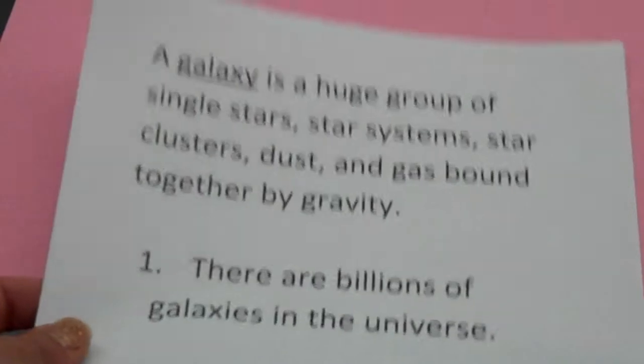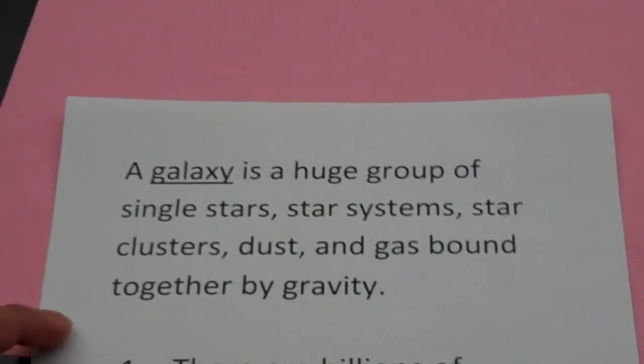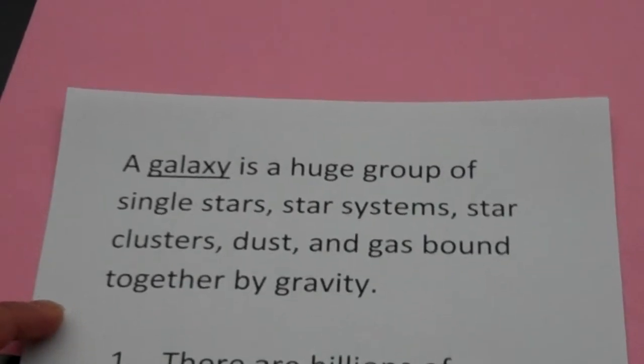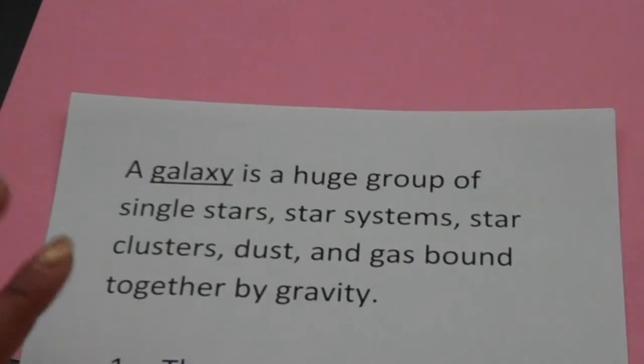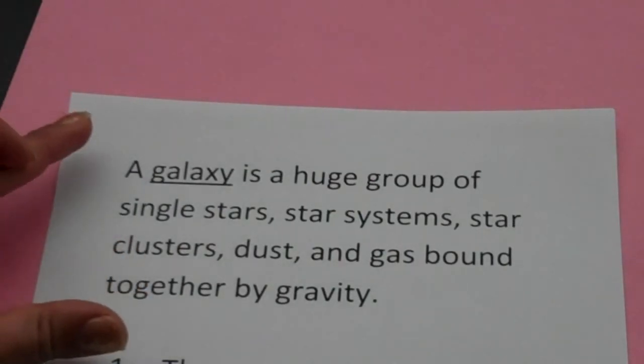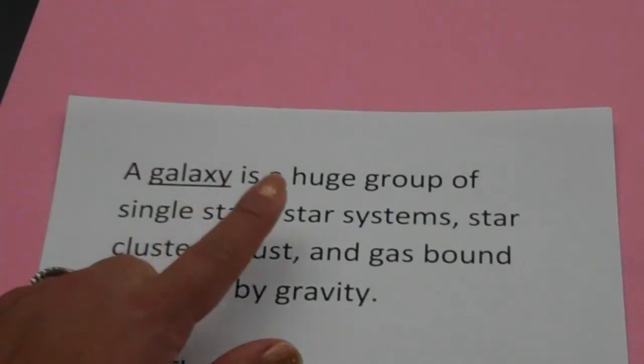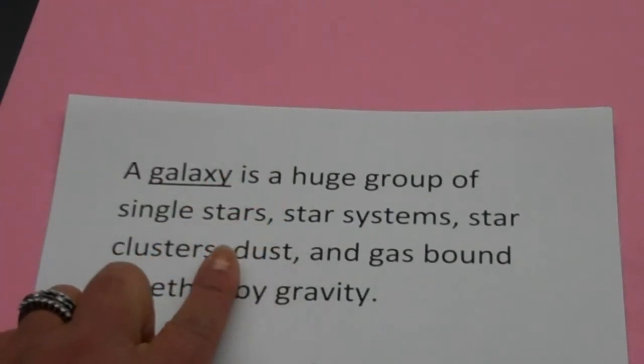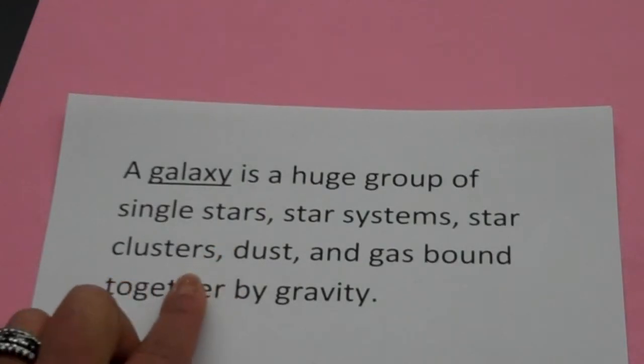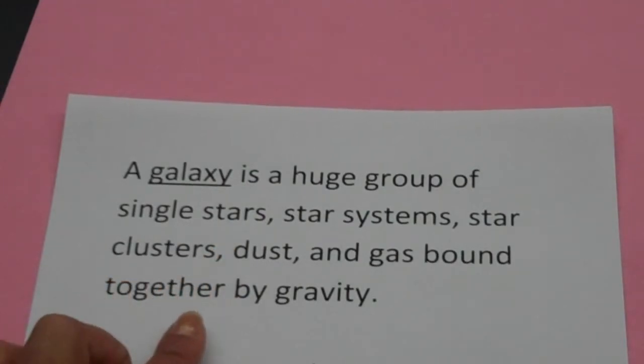With all of those different ways that stars can be grouped together, the groups then become this organized mass, which is a galaxy. A galaxy is a huge grouping of single stars, star systems, star clusters, dust and gas bound together by gravity.